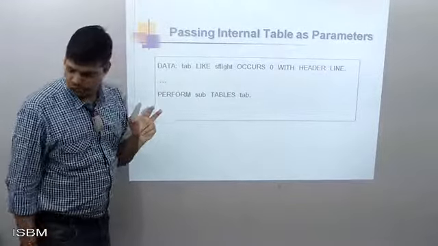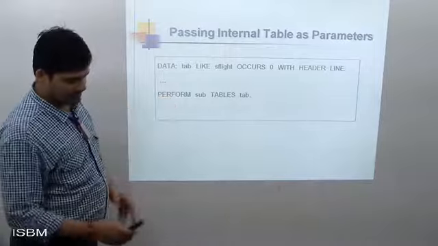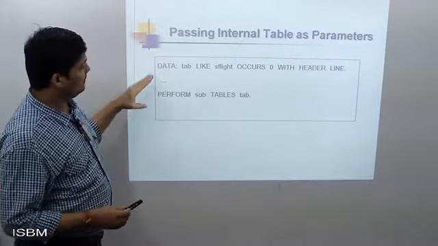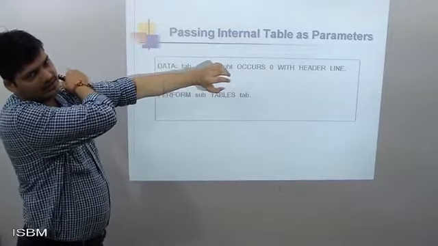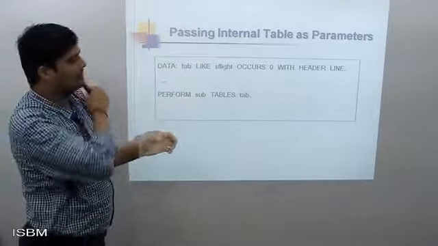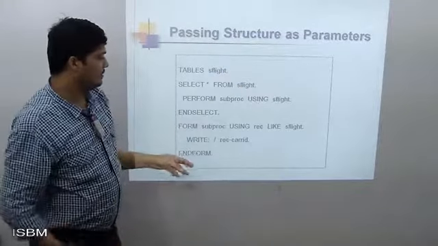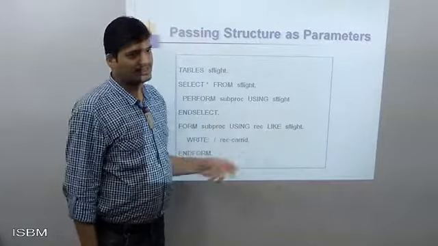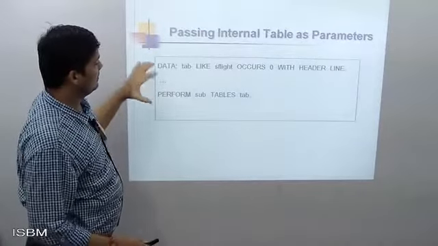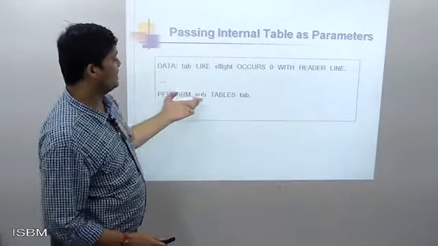There are two ways we can declare this perform with the parameter. If you declare your internal table in the declaration part, you can write it this way. Otherwise, what I have done here, rec like S flight, you can write this way also. Either way, both are equal and perform the same: perform sub tables tab.